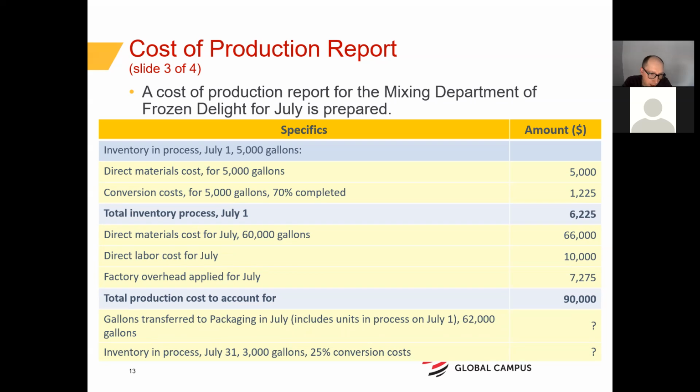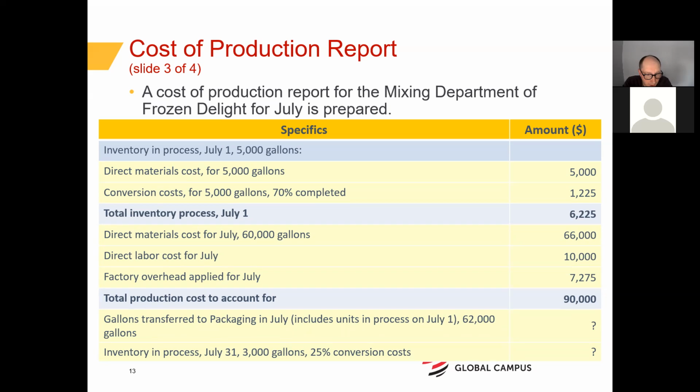And this report tells us how much material is in the mixing department at the beginning of the month, how much of that original inventory at the beginning of the month has been completed already, which gives us the July 1 inventory.